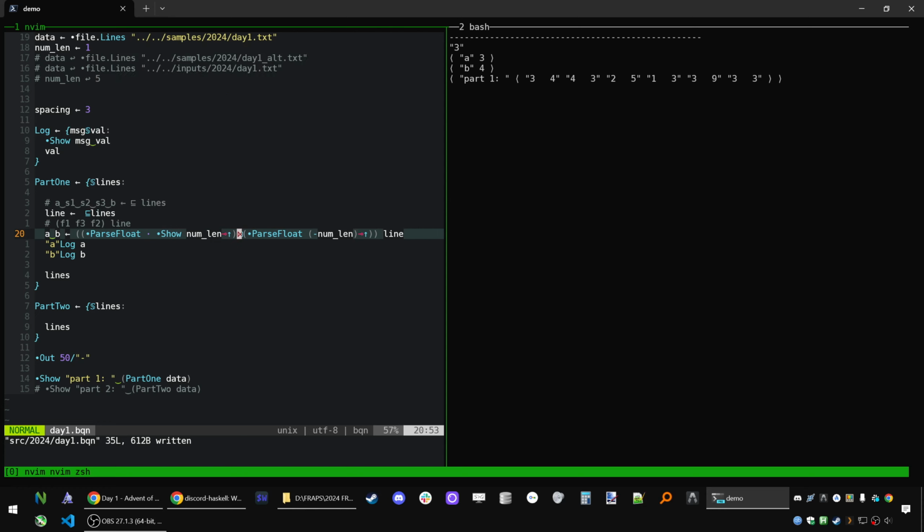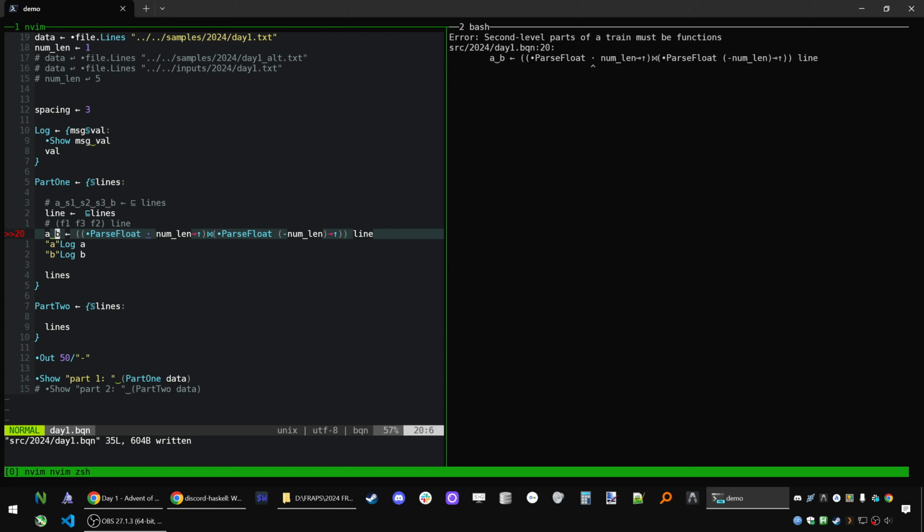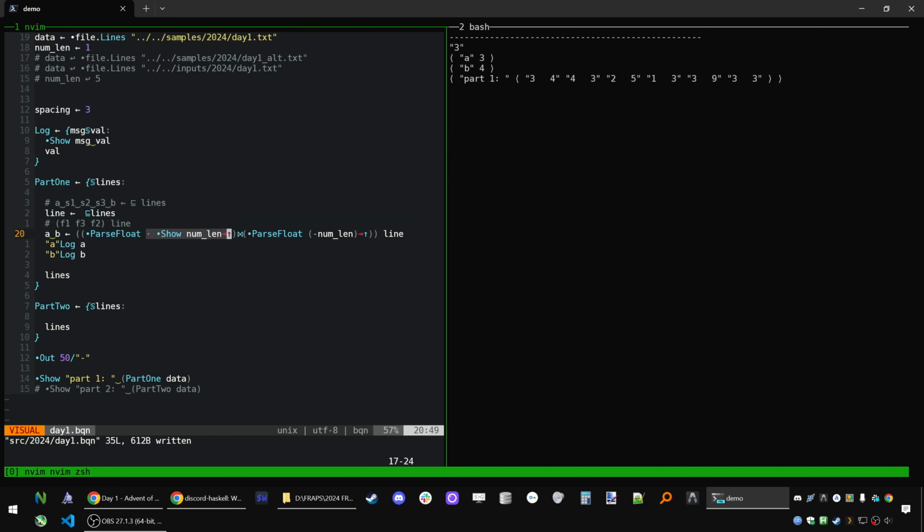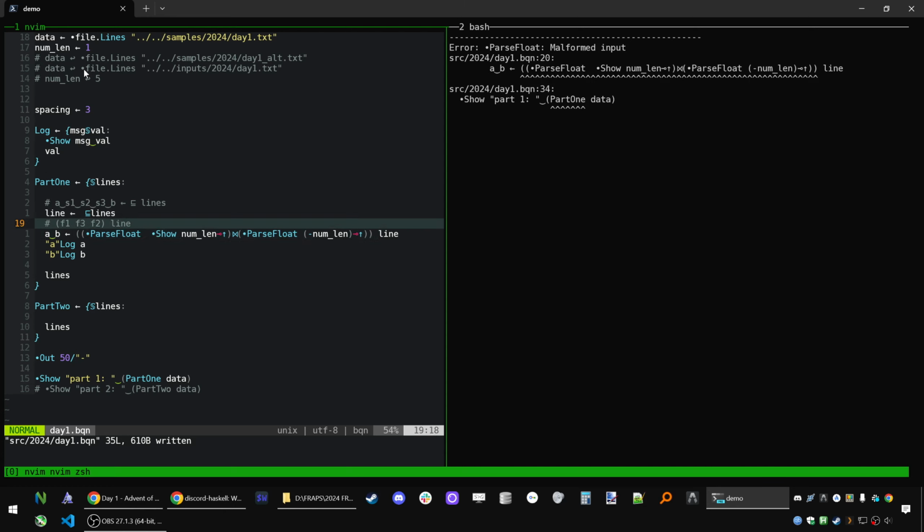So I'm sure there's a way to make it so that I don't... oh, actually I can go to the show here. And I don't need the number. The reason I have this nothing here is because if I don't have that, with the show, yeah, without the nothing, this parses as its own train, a 3 train, where it tries doing take num length and parse float and then pass it to show.